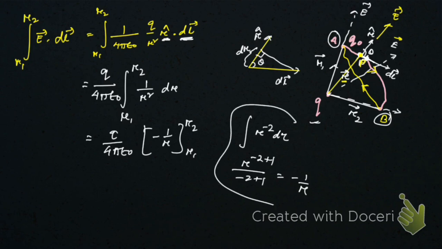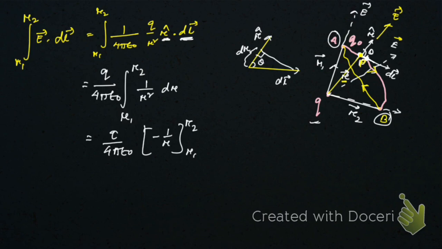So now let me clean this. So here you see, if you put the limits, then you will get 1 by 4 pi epsilon naught. If you put r1, then 1 by r1, then minus 1 by, now let's put r2, right?